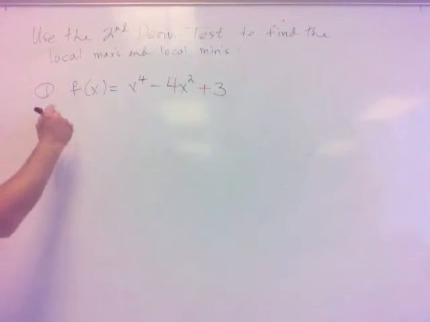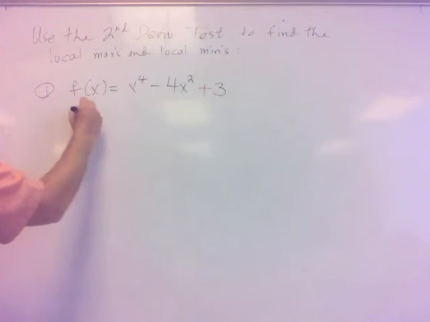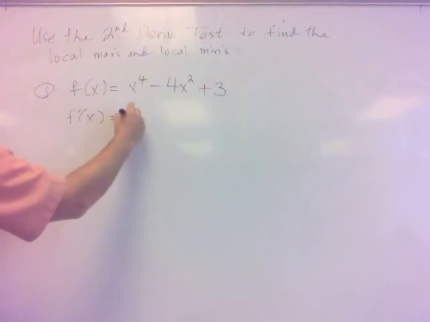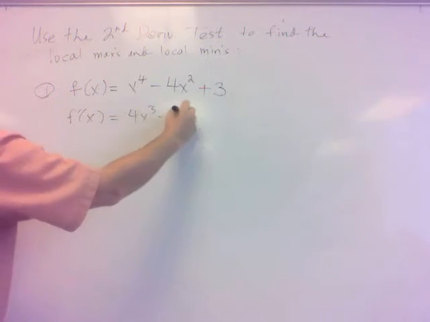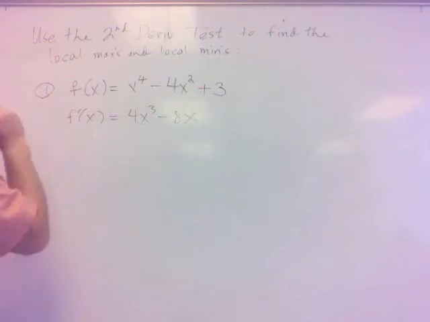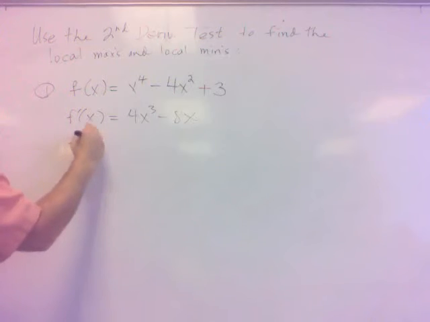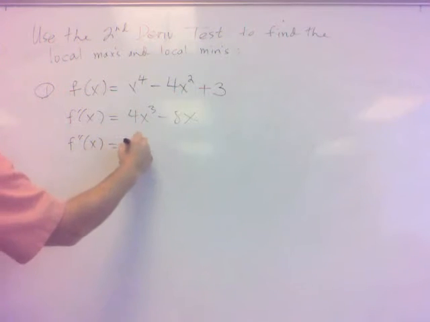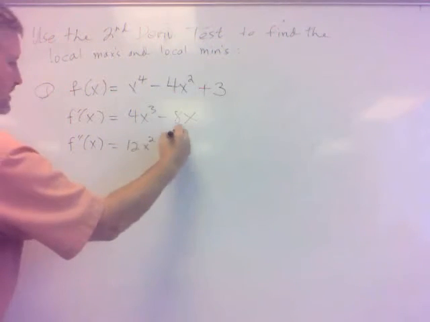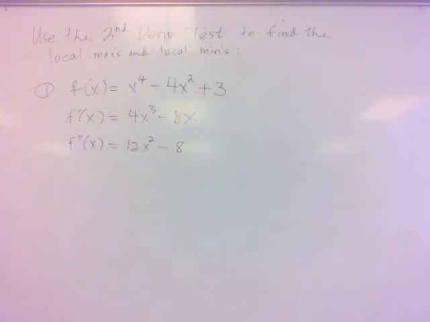Okay. Well, we're using the second derivative test, but we still have to find the first derivative. It's 4x cubed minus 8x, isn't it? But let's go ahead and do the second derivative as well. It'll be 12x squared minus 8. Go ahead and get both the first and second derivative.